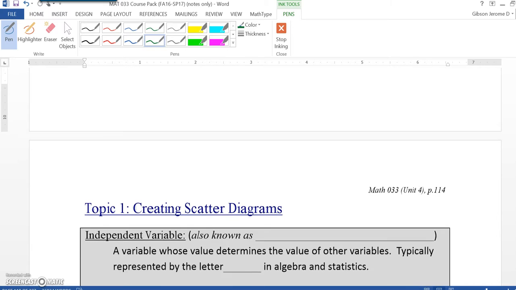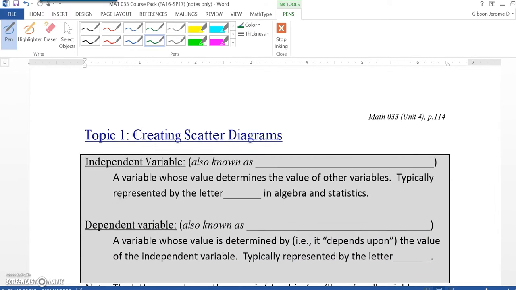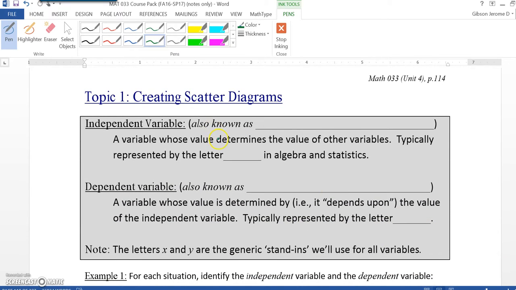Now we come here to topic 1, creating scatter diagrams. We have the independent variable, also known as the explanatory variable: a variable whose value determines the value of other variables, typically represented by the letter X in algebra and statistics.